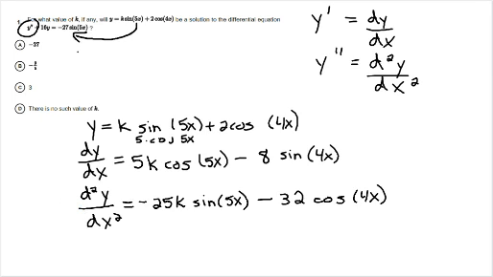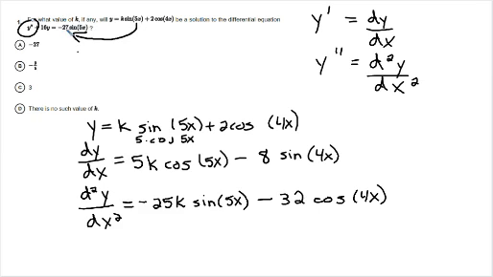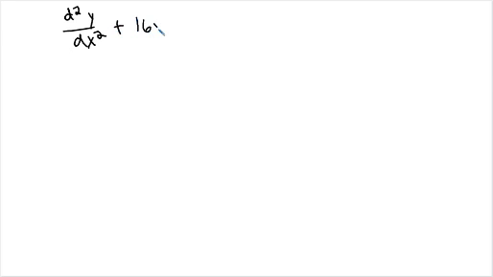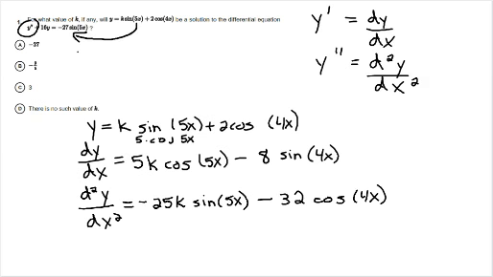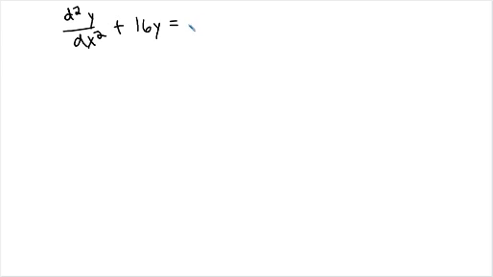What we want to do now is set this thing equal to our expression for y double prime. So let's get a new screen here. We had that y double prime plus 16y equals negative 27 of the sine of 5x.